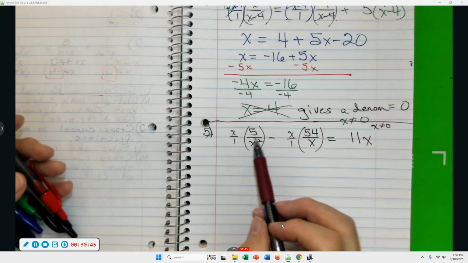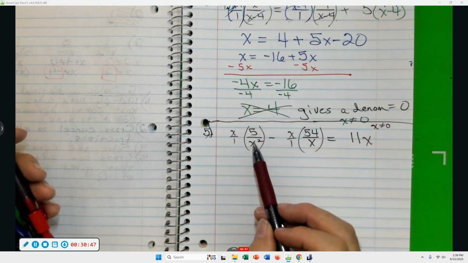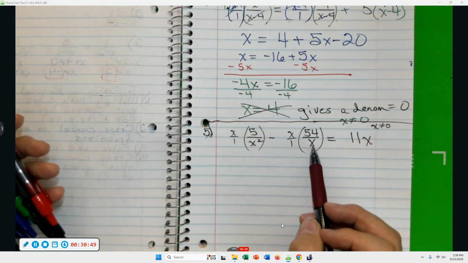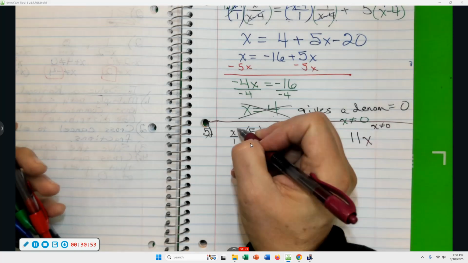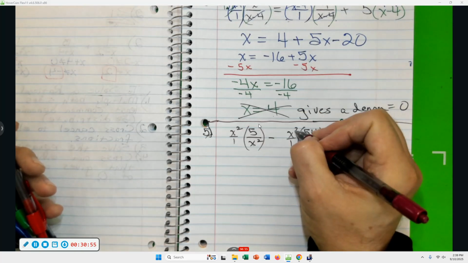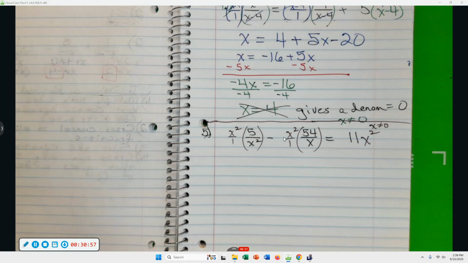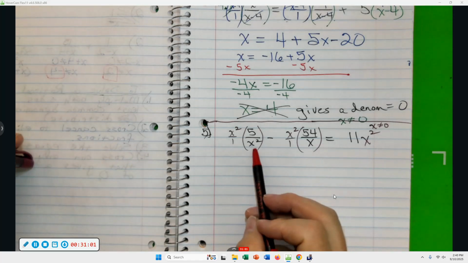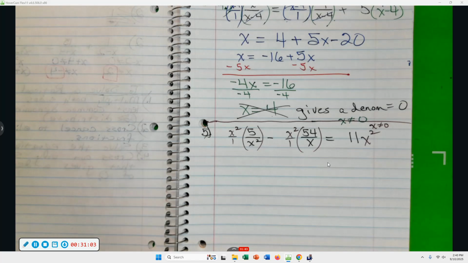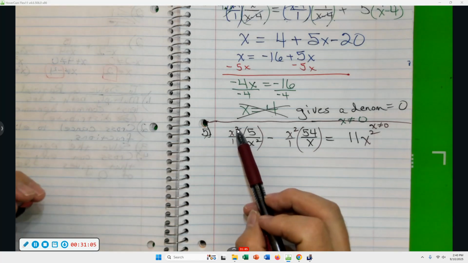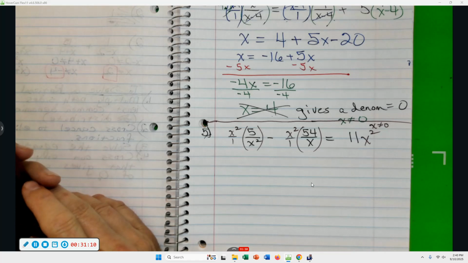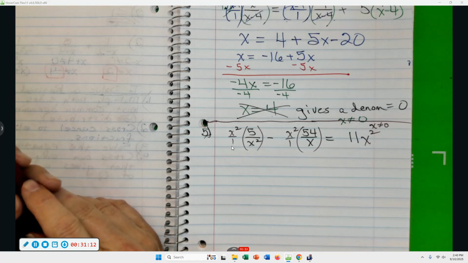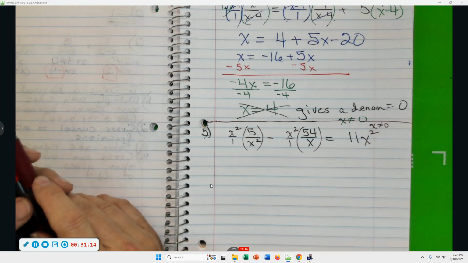If you have repeated factors appearing as denominators, here we have an x and an x squared, you use the larger exponent on the factor. Repeated factors in denominators, use the larger exponent that appears on that denominator. So we're multiplying through by x squared.